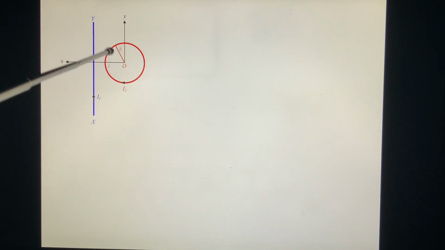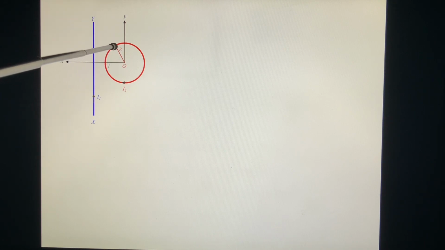In order to find the force acting on the circle, we look at a very small section. Okay, this is a ds. This ds is located, okay, r from the wire, and the angle theta to the x-axis. Okay, and it's very tiny.